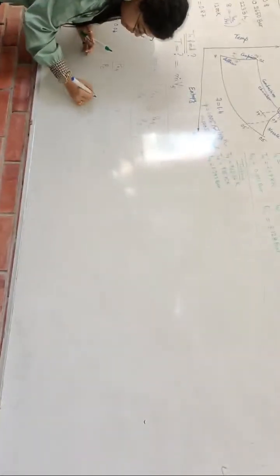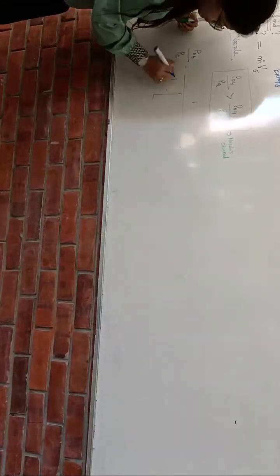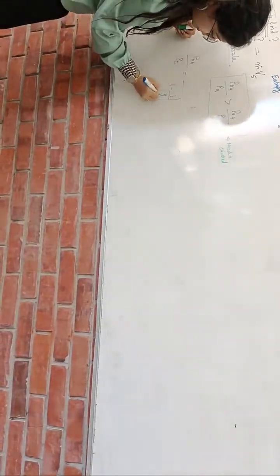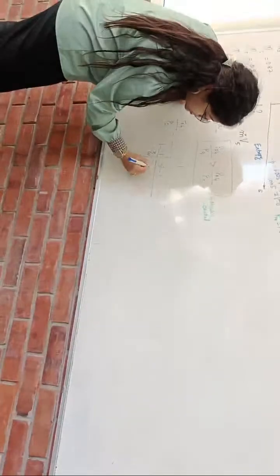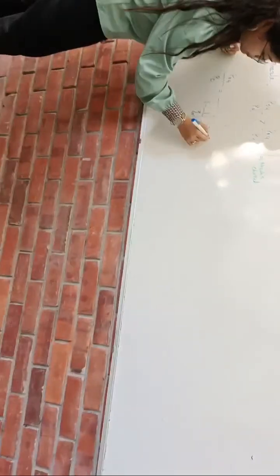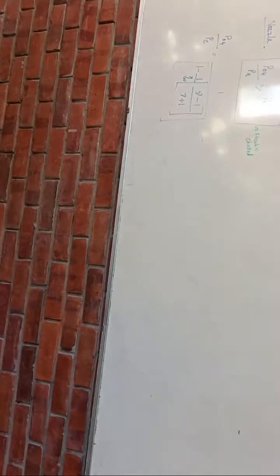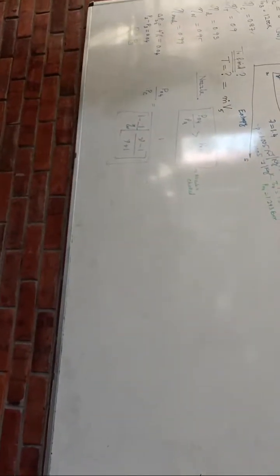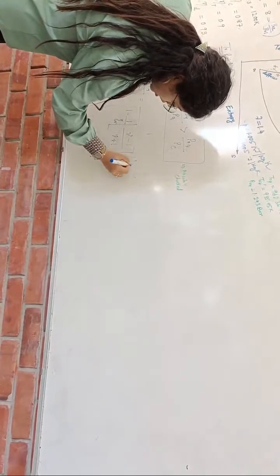It's slightly complicated, so you have to remember and write down this formula carefully. 1 minus 1 by eta n, times gamma minus 1 by gamma plus 1, the whole to the power gamma by gamma minus 1.